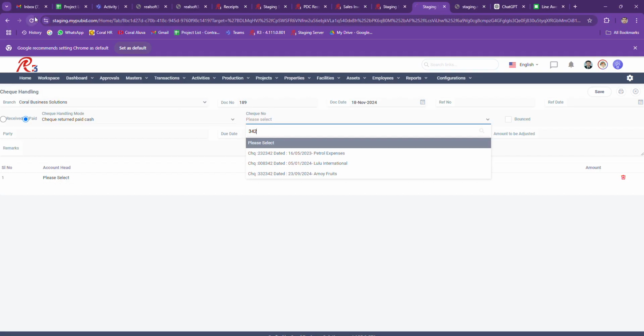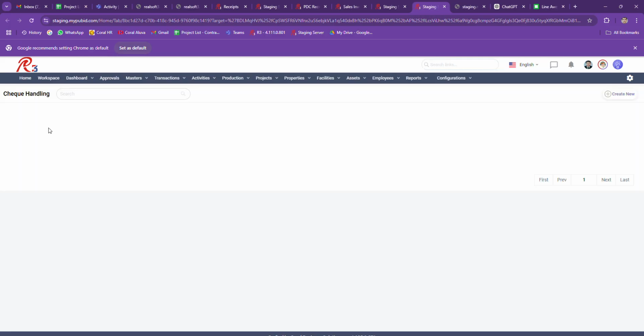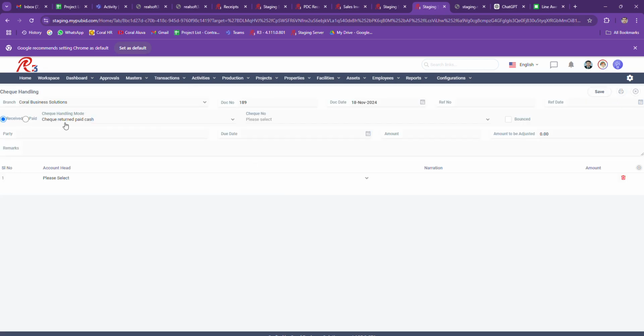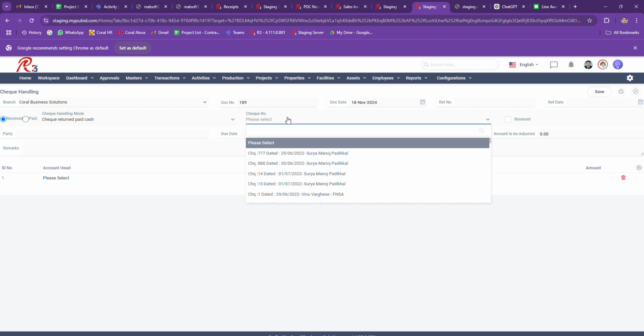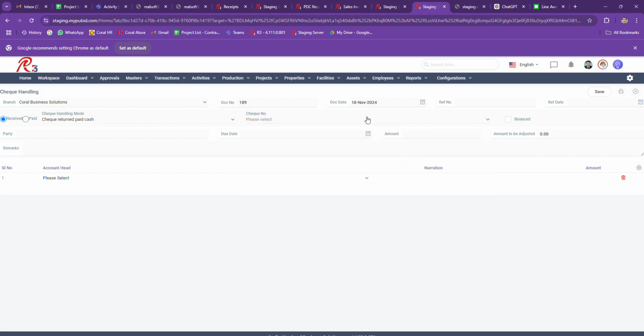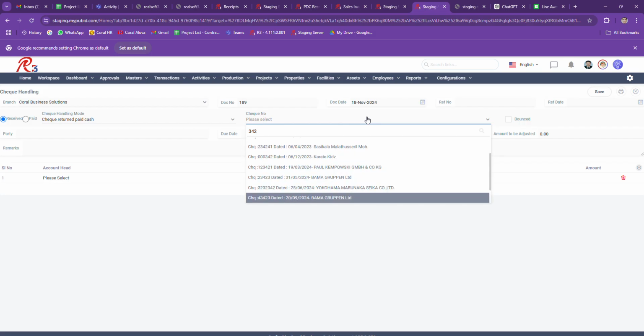I think we need to refresh this. Check handling and new entry. Return paid with cash and check number is 342. Here you got it.